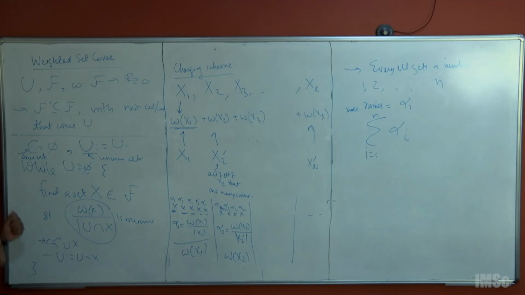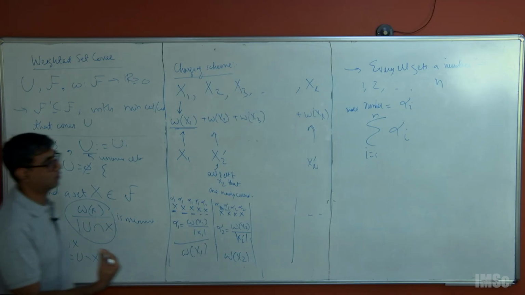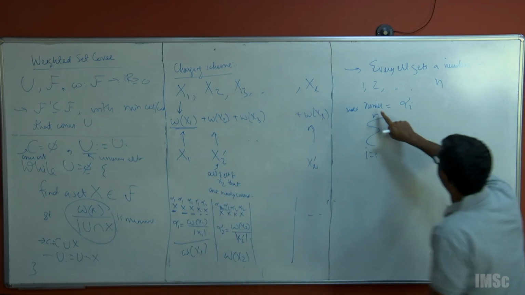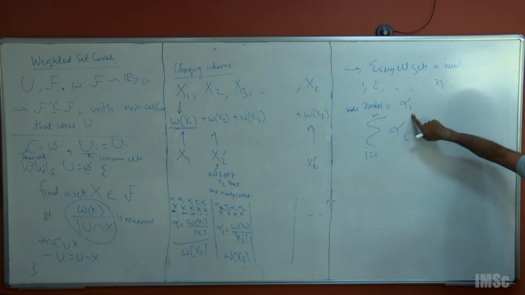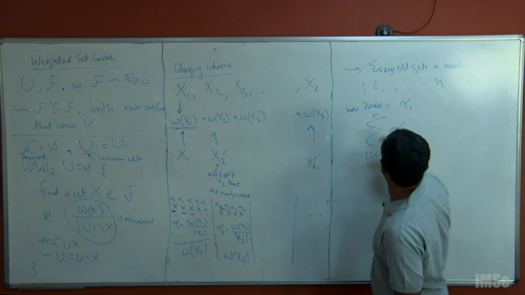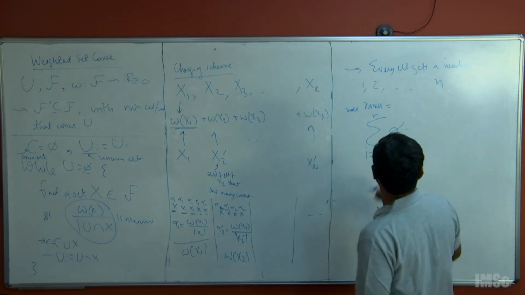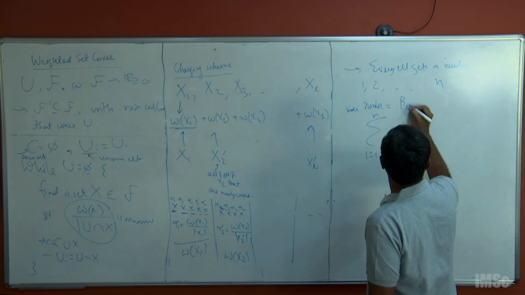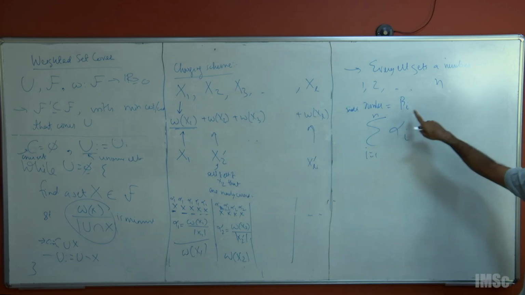Every element says, look, when this algorithm picked me, this is what I paid. So for every element, I have associated some number. Let's say every element gets beta i.